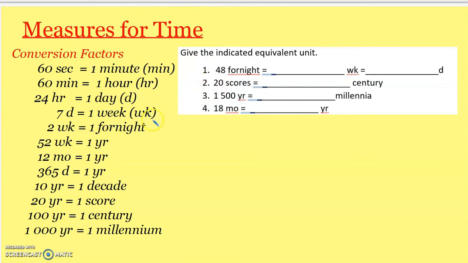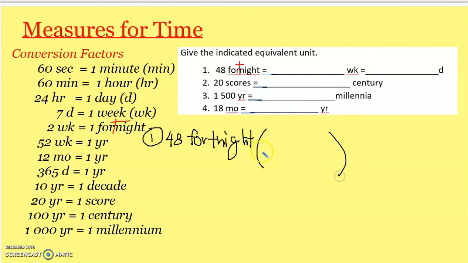We have here 48 fortnights to be converted into weeks. Oh, sorry, I missed a T here and here. It's fortnight. Weeks and days. Our process is the same as the English to English conversion. We have 48 fortnights, and our conversion factor to use here is fortnight to weeks.